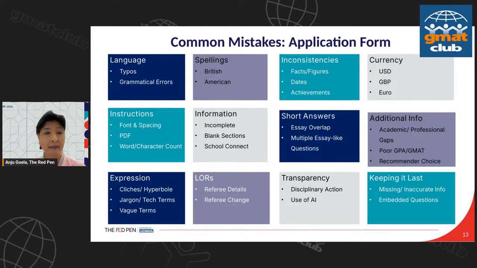What happens in the application form, and if you remember the form that I showed you earlier, the HBS application form, in the employment section, only when you fill out the employment details do the last three subjective questions pop up.